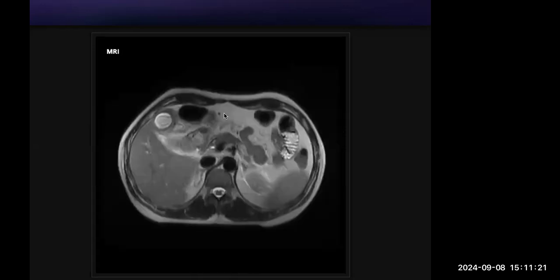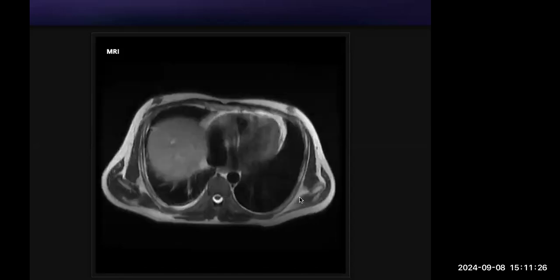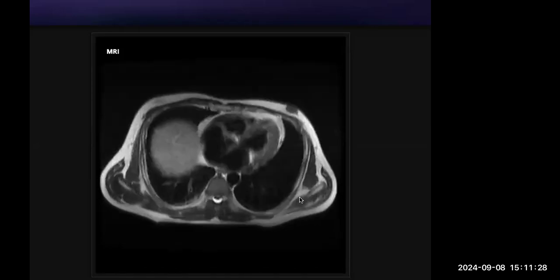Okay. You can click and scroll through the images. I'm just going to scroll these images once before commenting.